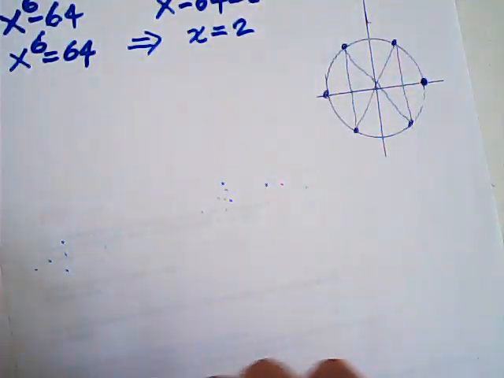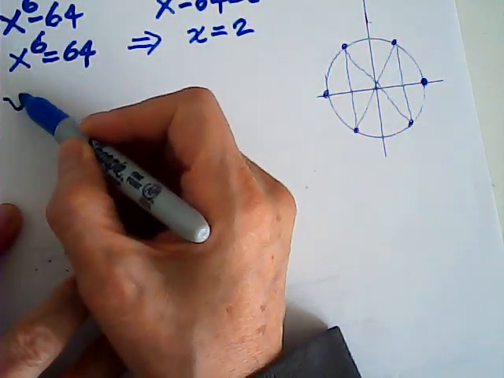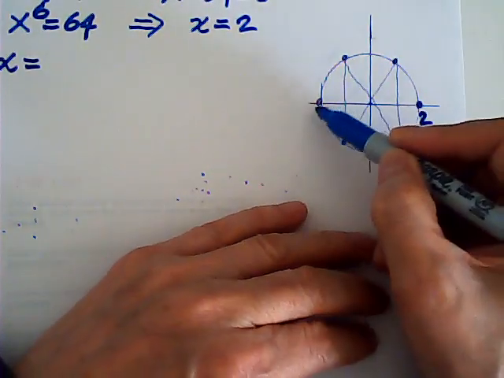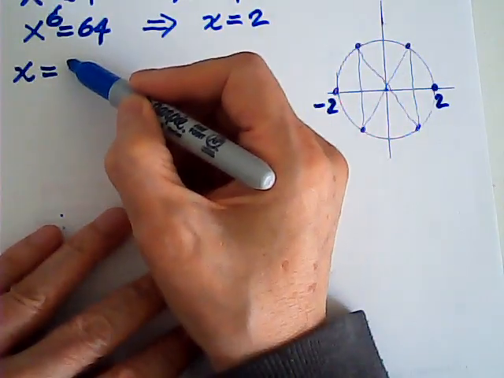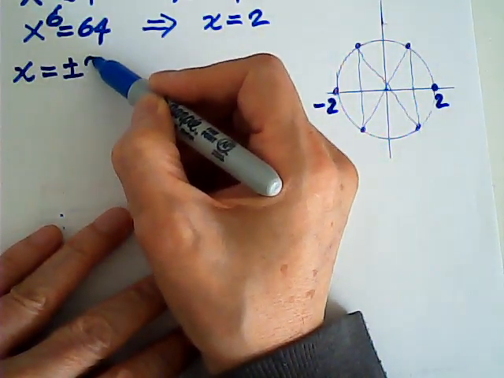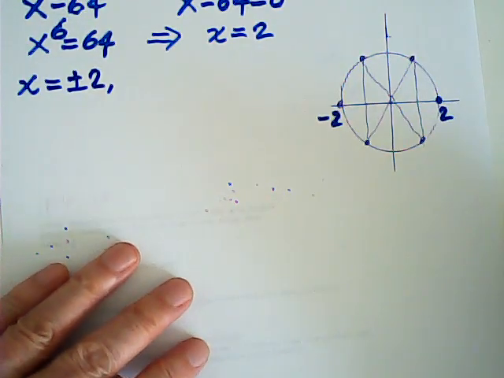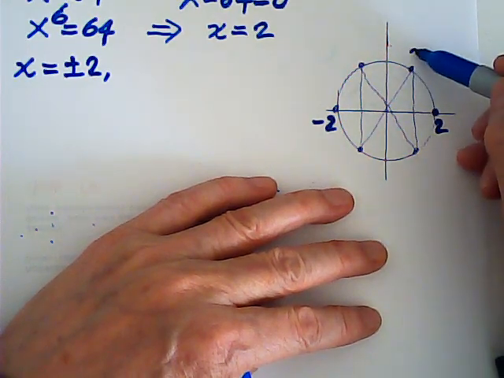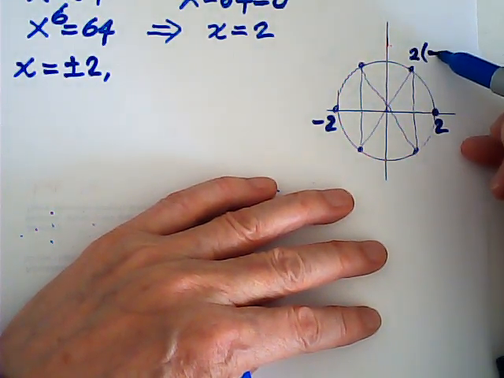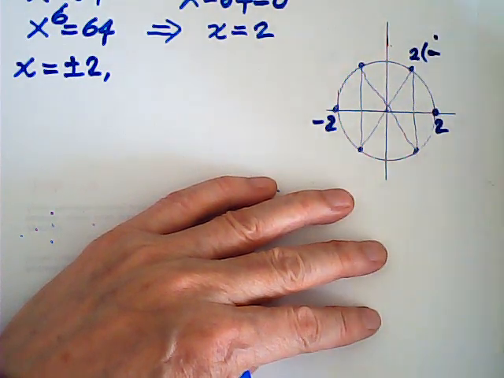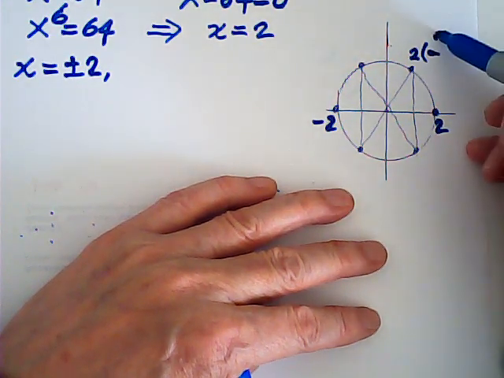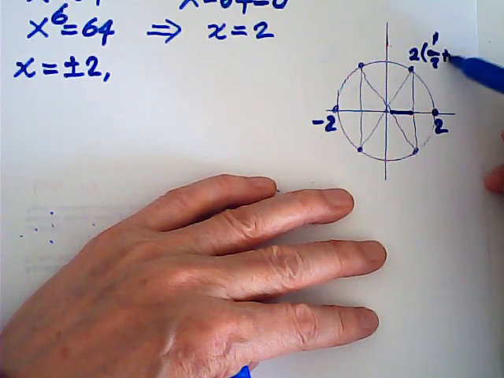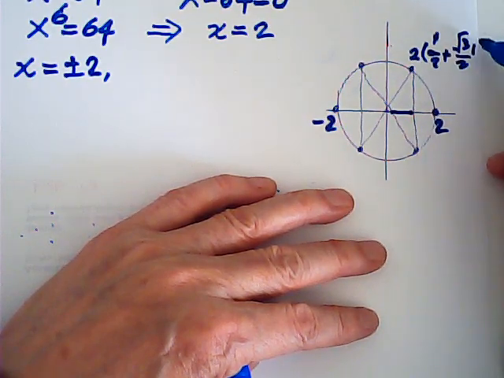Now let me do them one by one. Say x is equal to, this root is 2, right? This root is minus 2. So you have plus or minus 2. And this one is 2 times (1/2 plus root 3 over 2 i). This is half.